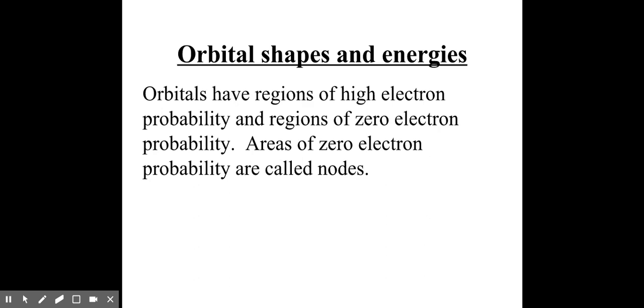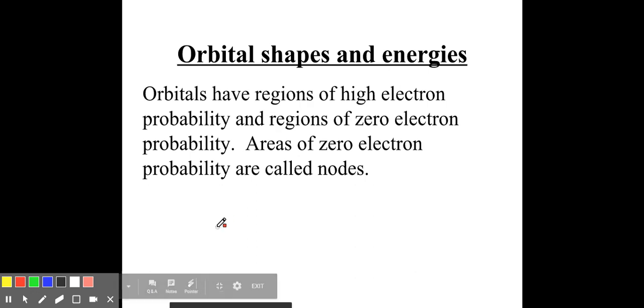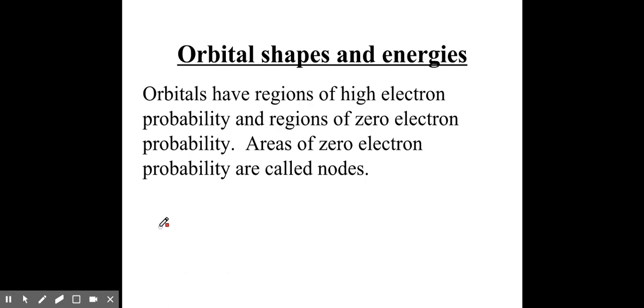Orbitals have regions of high electron probability and regions of zero electron probability. Areas of zero electron probability are called nodes. So I'll draw one node here and think of it as a point, and then I'll draw another node over here and also think of it as a point.